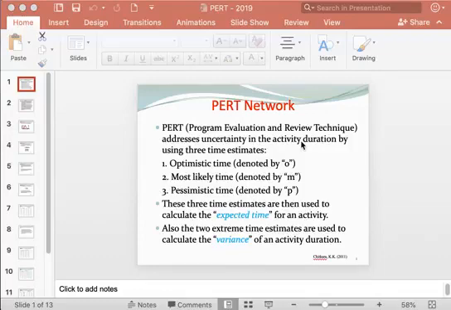So the activity duration will be probabilistic in nature.